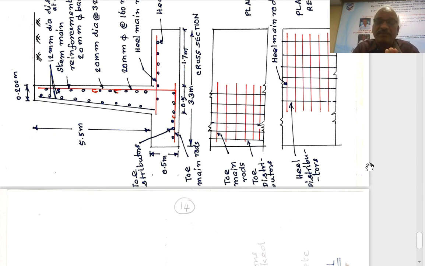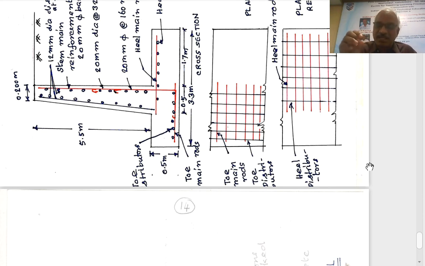If you are familiar with the behavior of the components that we have discussed earlier, and the different design details of various components and the location of reinforcement, when you combine these two, I think the viewers will have good satisfaction. The only thing is I am not able to write and discuss because it is a very lengthy discussion.